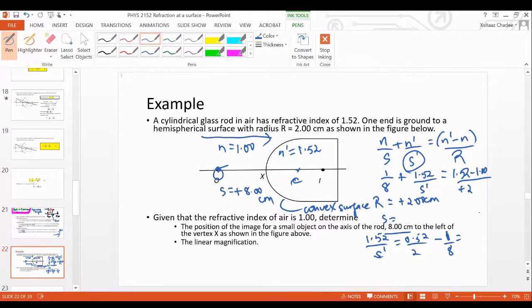And this works out to be 0.135. So s prime is equal to cross multiply 1.52 divided by 0.135, and this is equal to 11.26 centimeters.